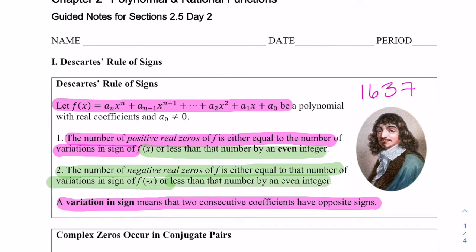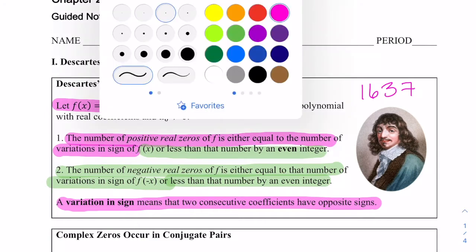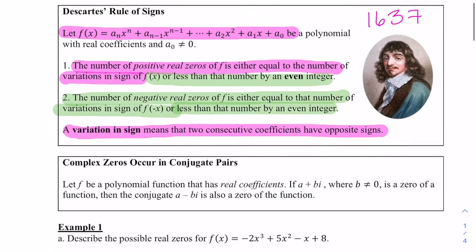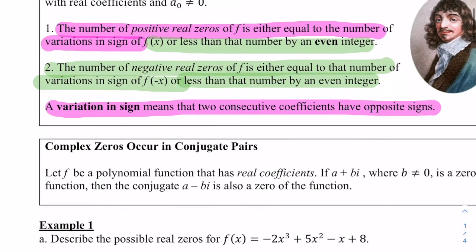Even though this theorem is in Descartes' name, there are many mathematicians that looked into it, including Isaac Newton in 1707 and Gauss in 1828. In 1828, Gauss was the one that realized that this not only gave the maximum number, but it had to decrease, if at all, by 2.